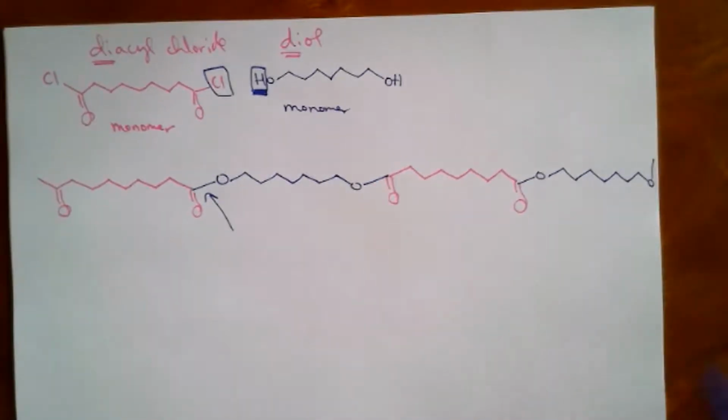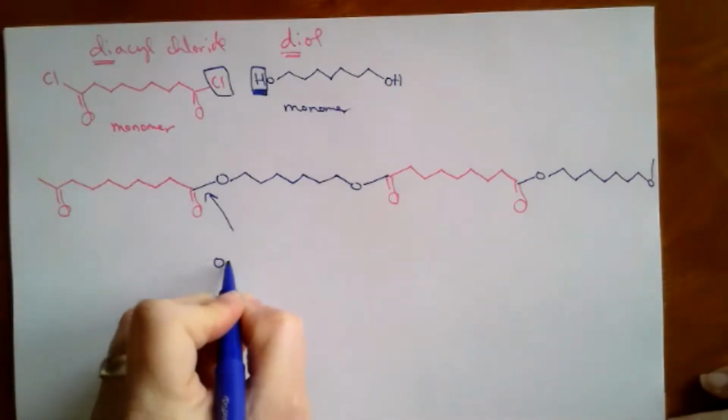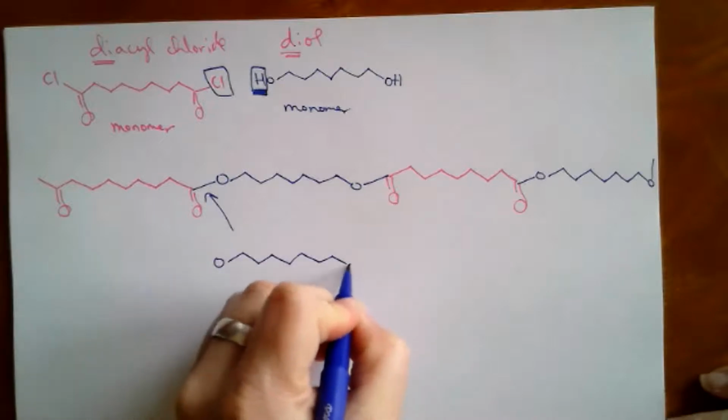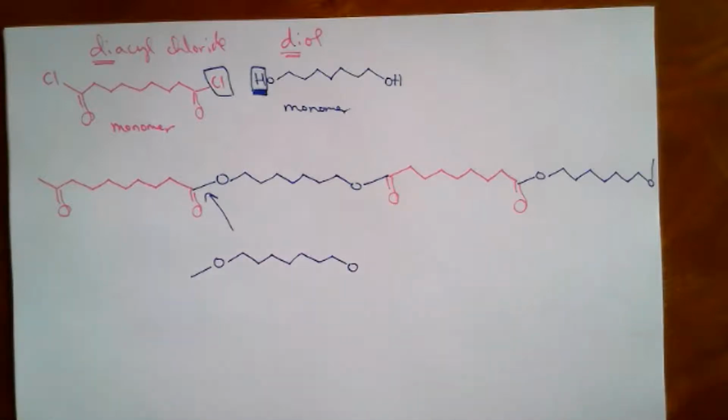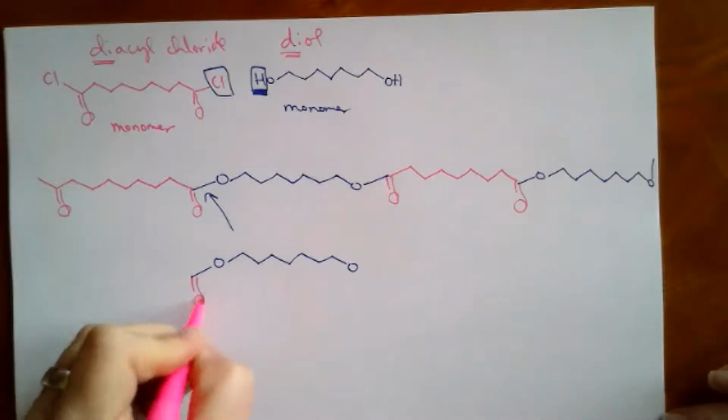Polymers are very large molecules. Polymer is many monomers hooked together. So I got pink, blue, pink, blue, pink, blue, pink, blue, pink, blue, again and again, repeated. And it gets pretty big to draw that entire molecule. So instead, the polymer notation is to draw one unit of each monomer connected together.